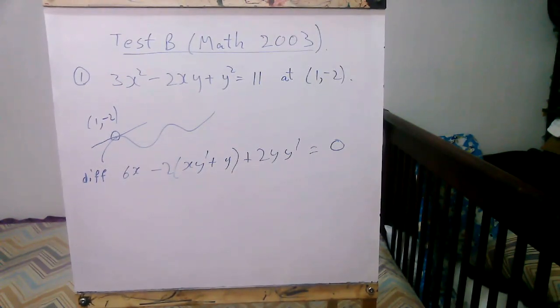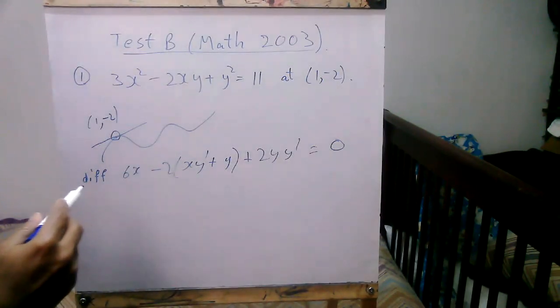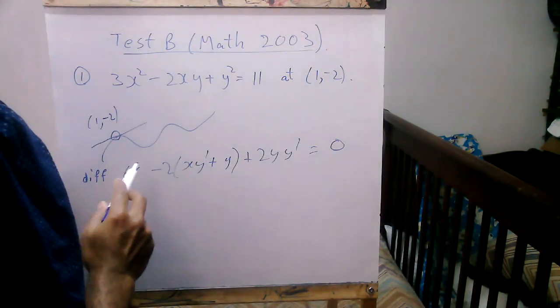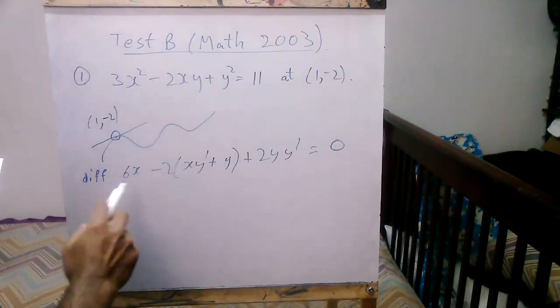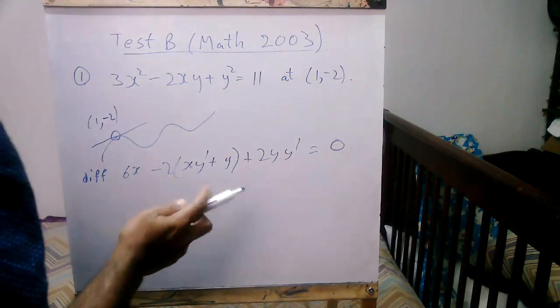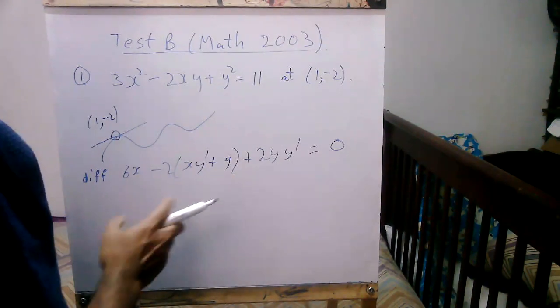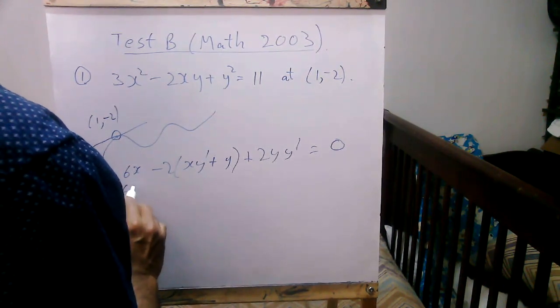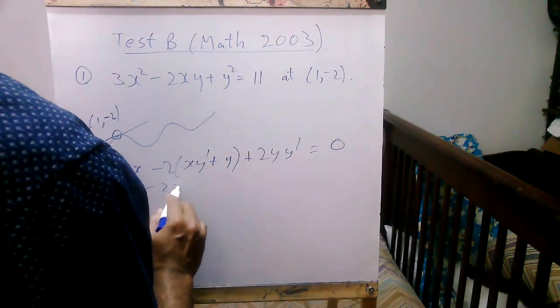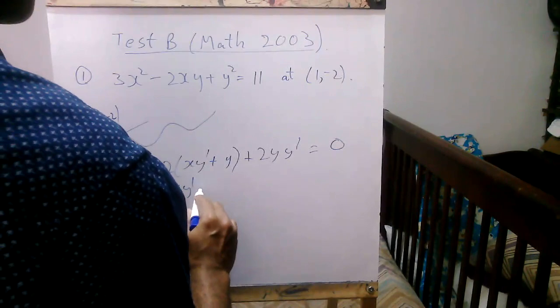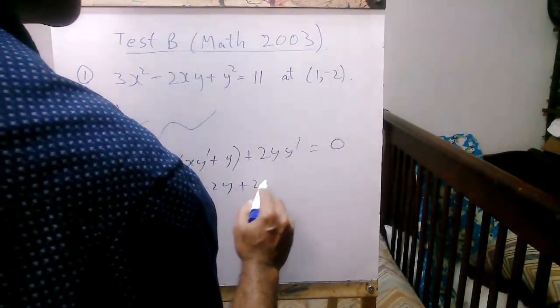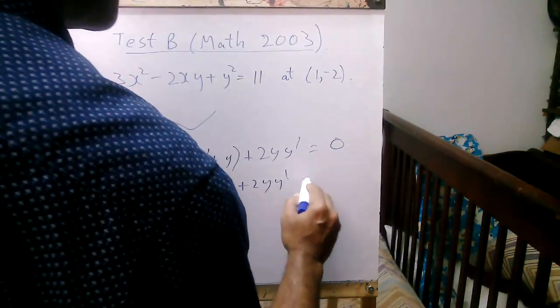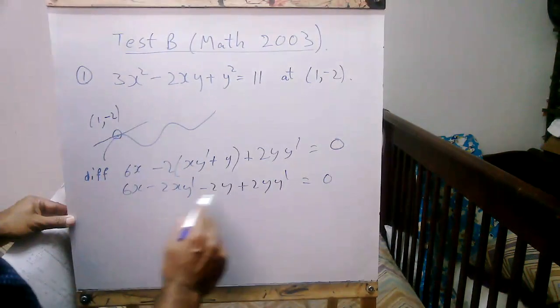Now we have to solve this equation for y prime. We get 6x minus 2x y prime minus 2y plus 2y y prime equals 0.